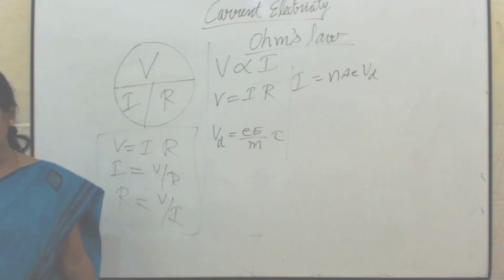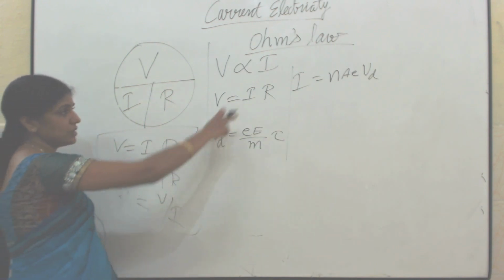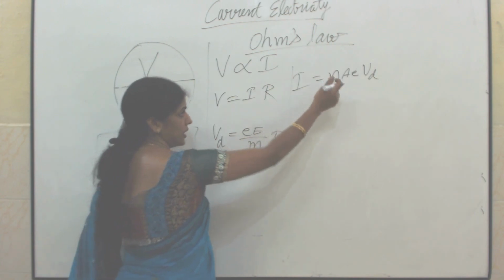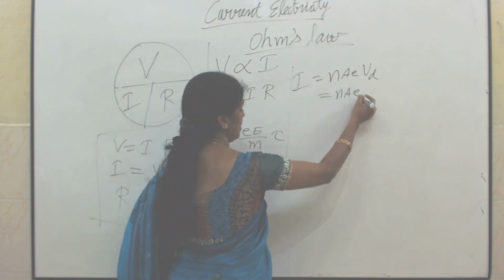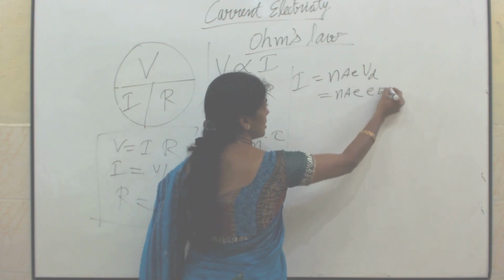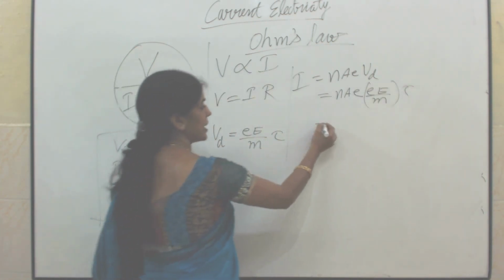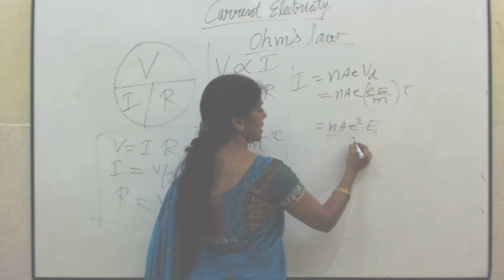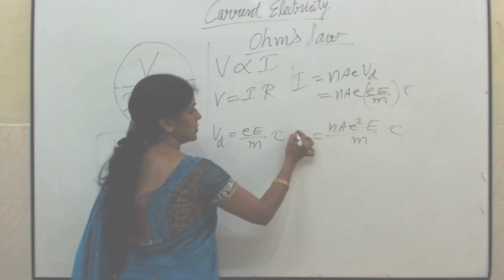Substitute this Vd in the current relation: nAe into eE by m into tau. It will become nAe squared E by m into tau.